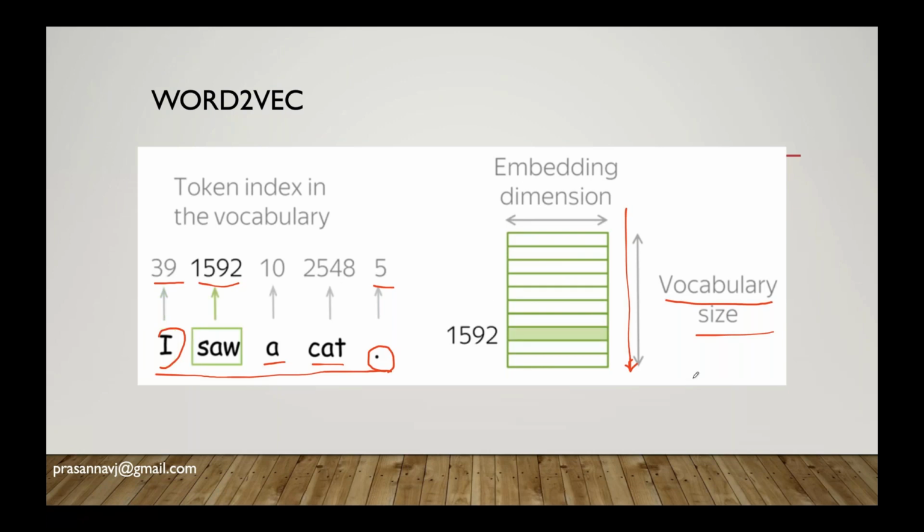This is the first basic representation of your information in the natural language processing way. This is what word2vec does. Word2vec takes each and every word and maps it into a vector representation. It will give you a vector representation.